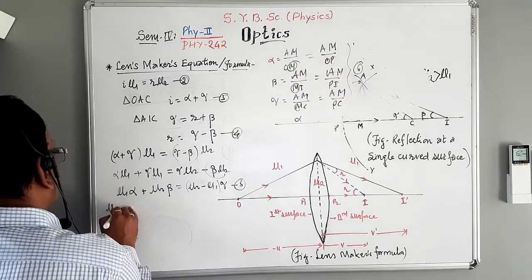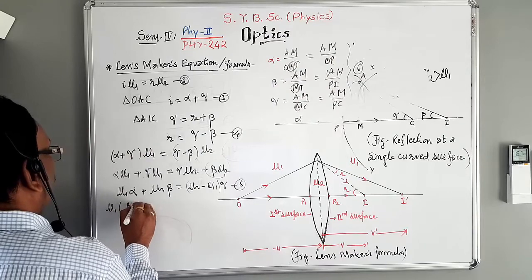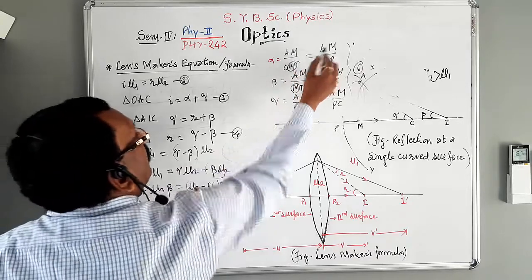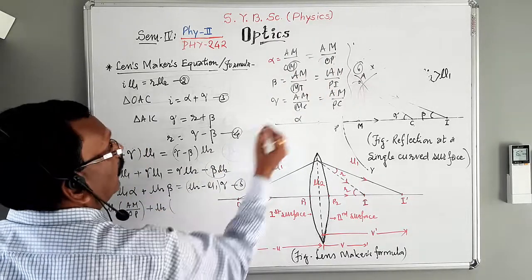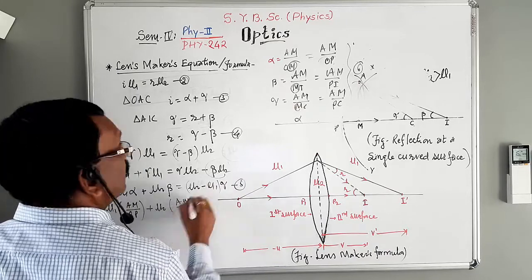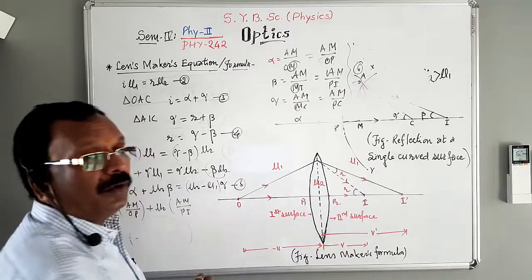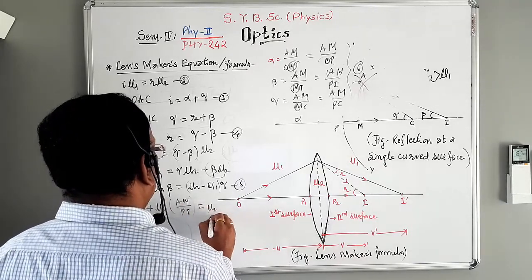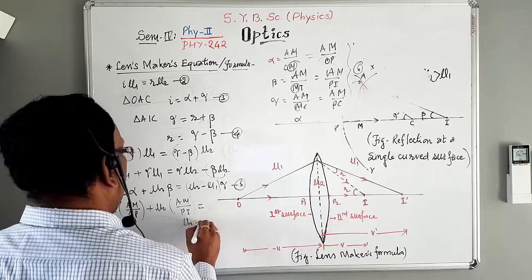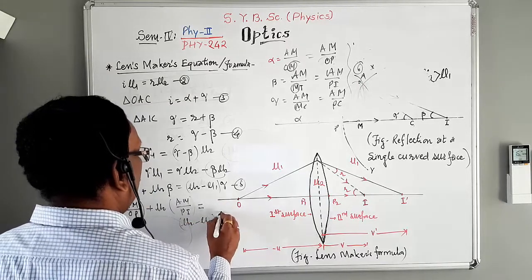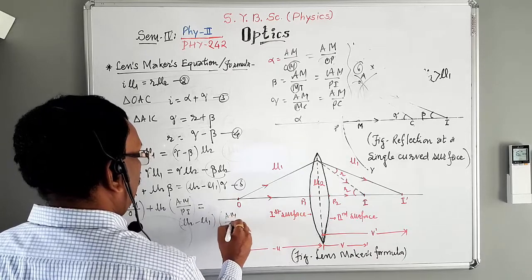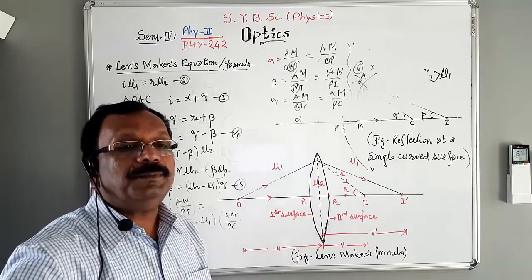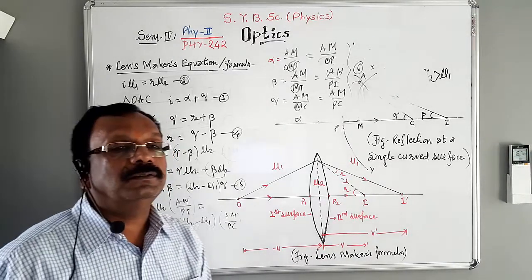Therefore, mu1 times AM upon OP, plus mu2 times the value of beta, AM upon PI, is equal to mu2 minus mu1, this term as it is, and gamma, AM upon PC.